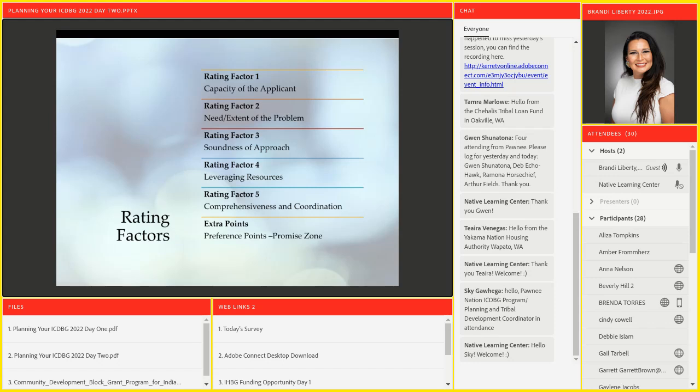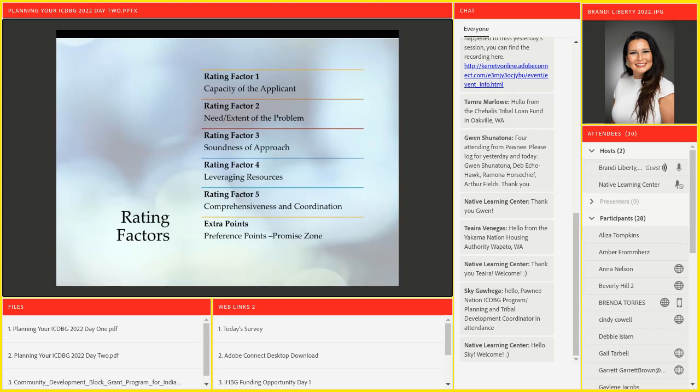For full points, HUD is requesting that you address each of the regulatory requirements and describe its implementation in your policies and procedures, and that they're consistent with your applicable procurement requirements. They do not want you to simply refer to your procurement policies or to just provide a copy of that. They actually want you to provide an explanation of how you implement procurement through your processes.